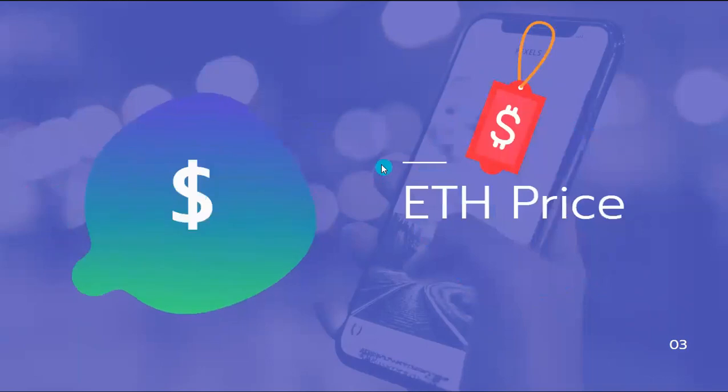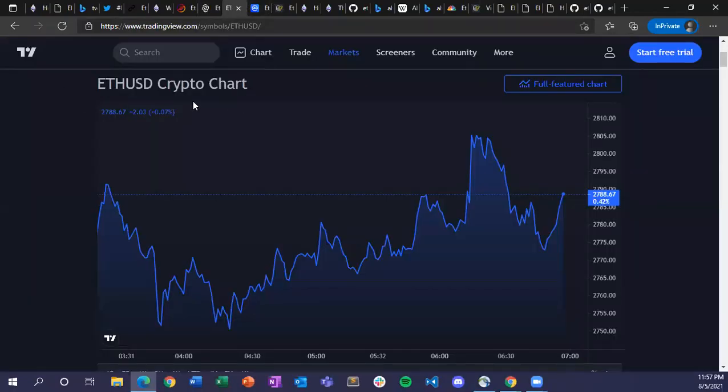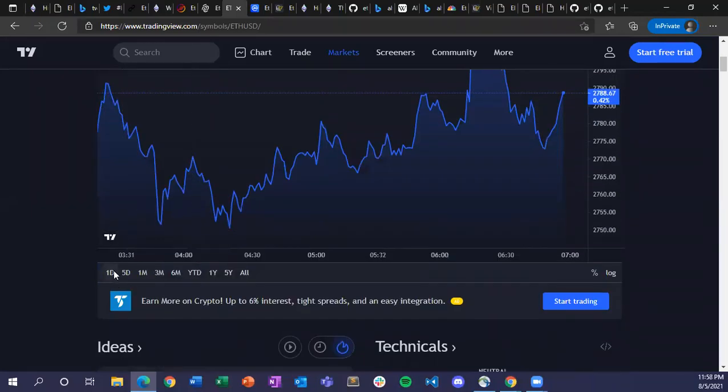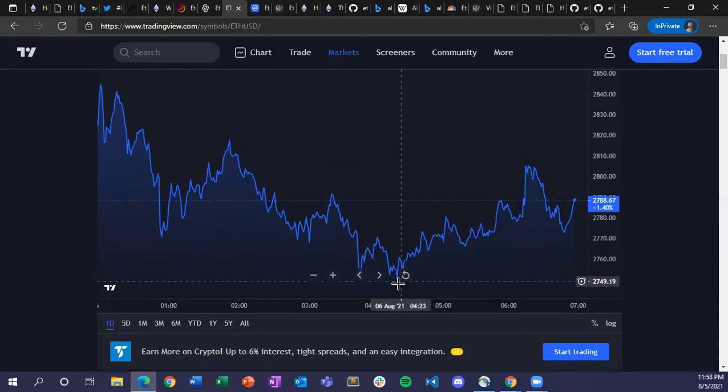Now, speaking of the Ethereum price, let's do a quick price check here. If we go to TradingView and go to the 1-day chart, we can see that for most of today it was pretty flat, sitting around 2,700. It went as low as 2,750, now back at around 2,788.